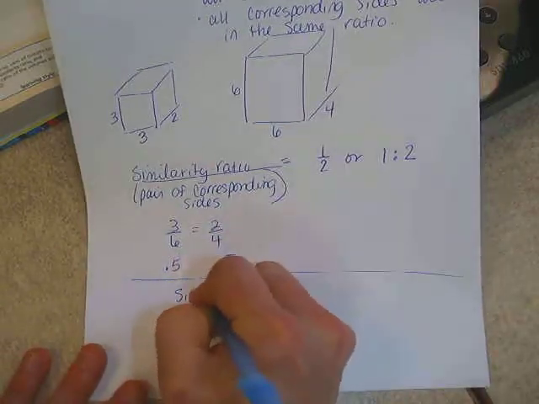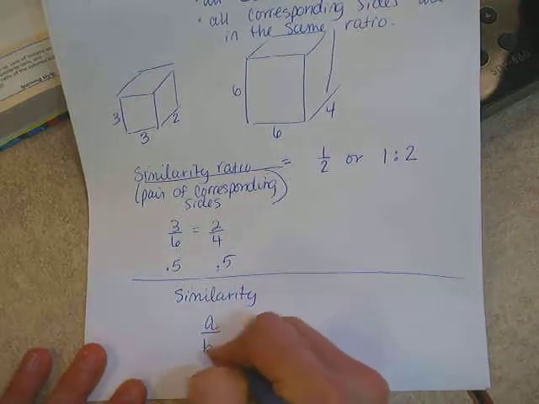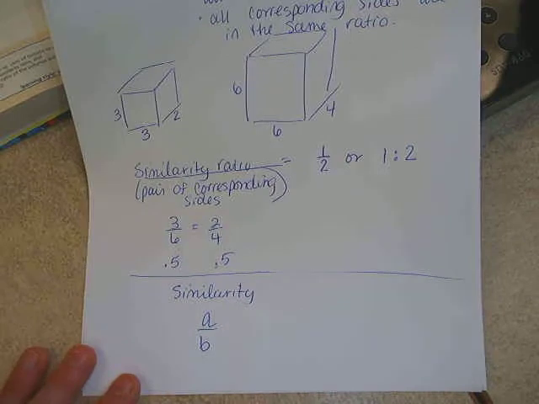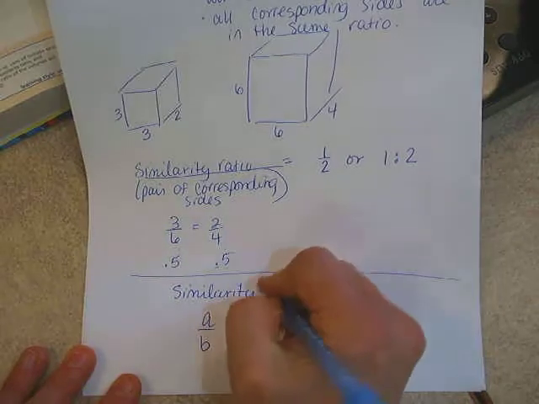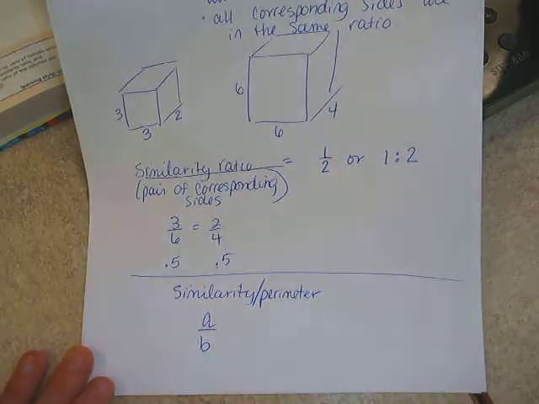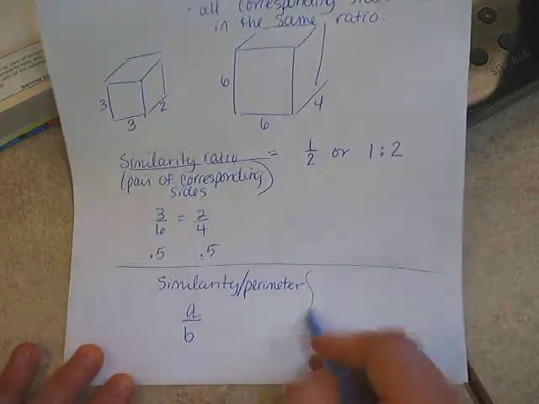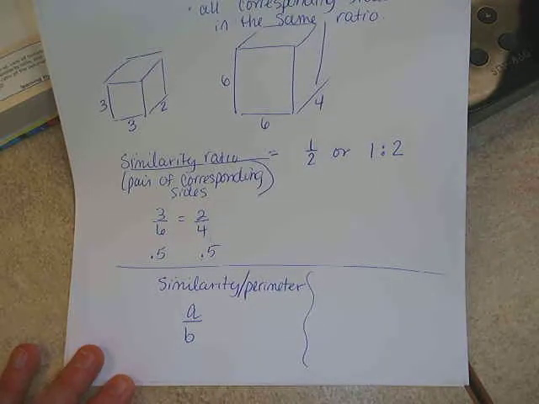Now, when we talk about how that applies to what we're doing now, remember we said in general, if similarity is A over B, that is also the perimeter ratio, right? Because they're both just lengths.